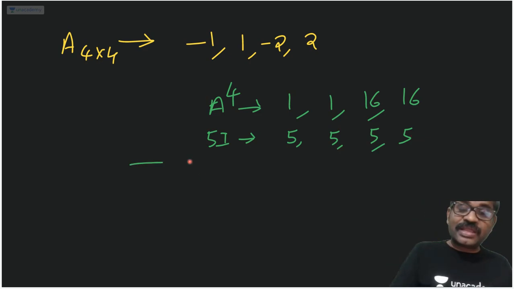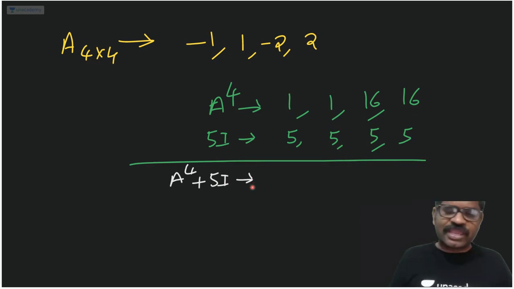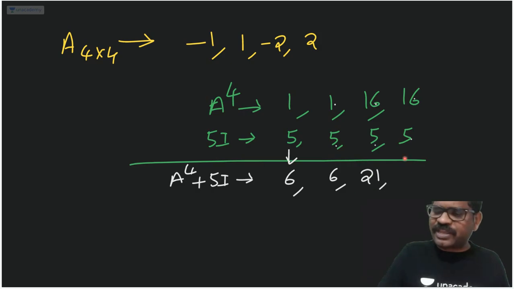Now, A power 4 plus 5I. Eigenvalues of A power 4 plus 5I. What are the eigenvalues of the identity matrix? 1, 1, 1, 1. So 1 plus 5 is 6, 1 plus 5 is 6, 16 plus 5 is 21, 16 plus 5 is 21.